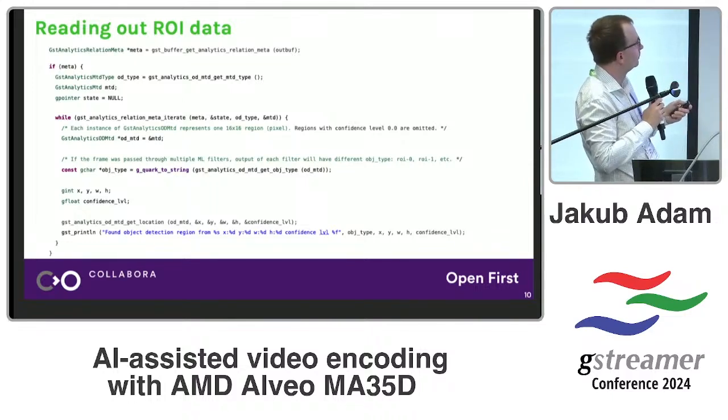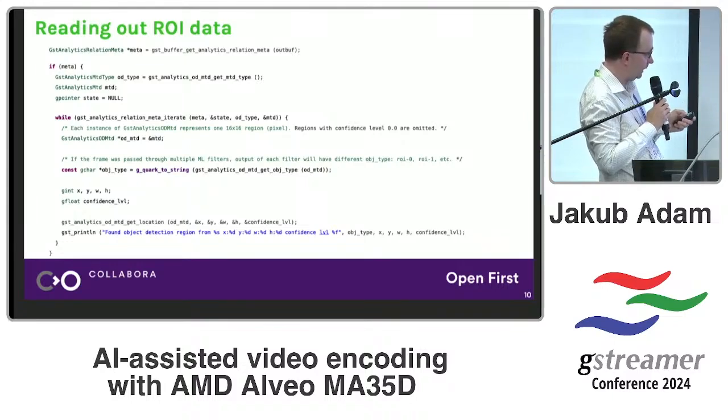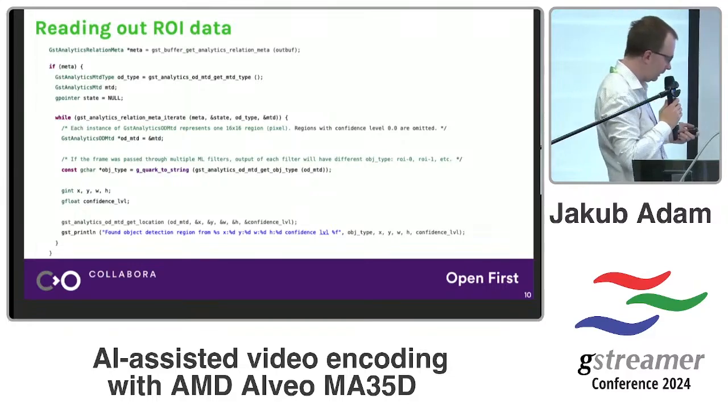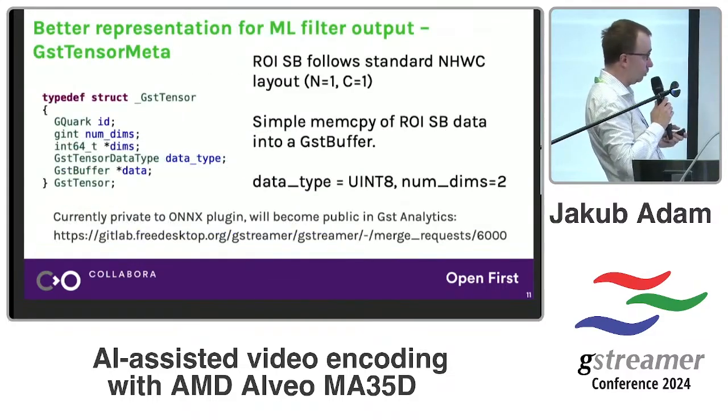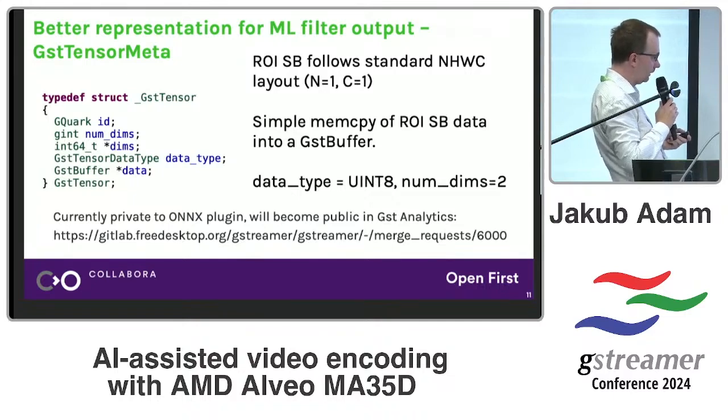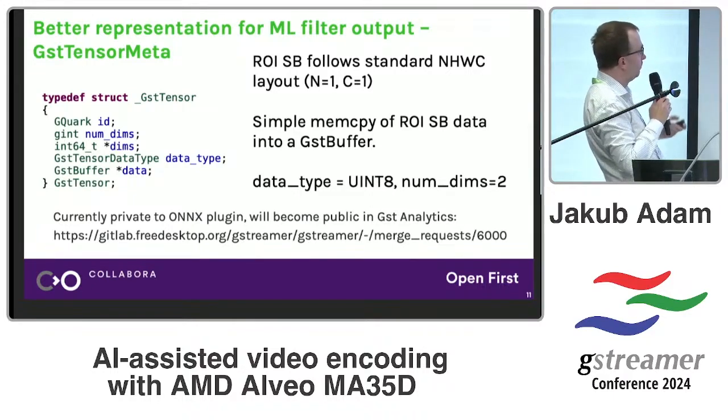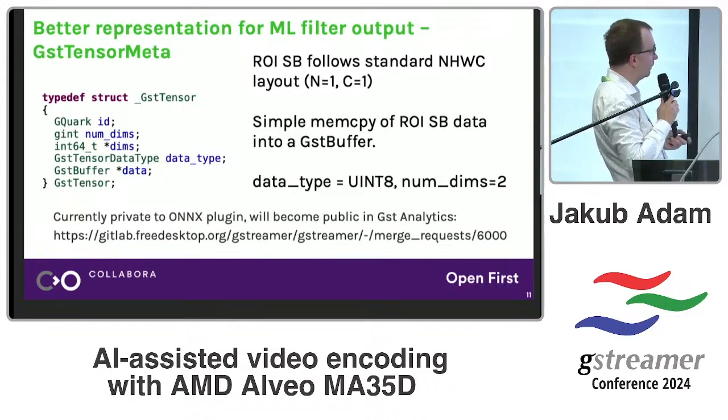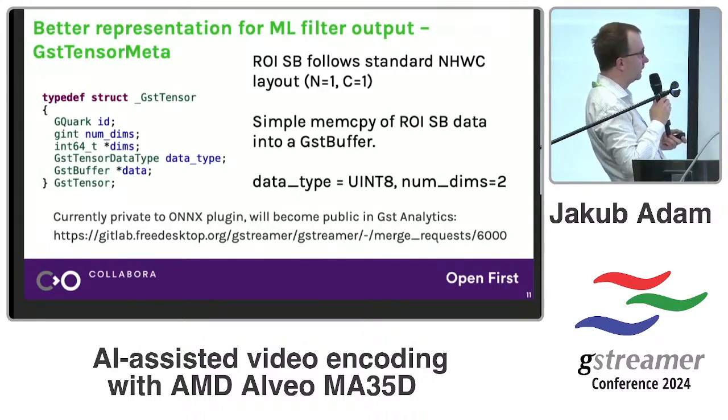So it kind of works, but it's pretty ugly, I would say. But this is what is currently available in GStreamer. But there is also a better way to represent such data in GStreamer, because the output of the ROI filter is a tensor. We could use the GstTensorMeta that is currently private to the Onnx plugin, but there is some effort to make it public API that is part of the analytics.